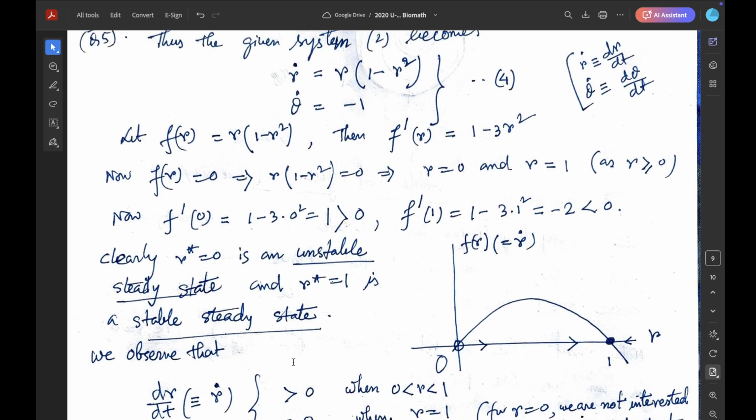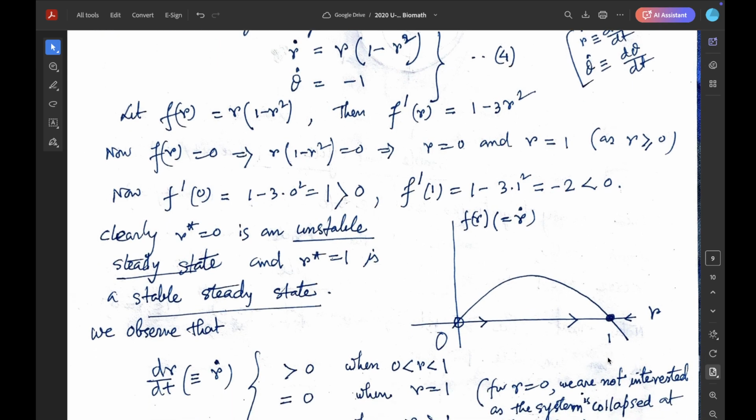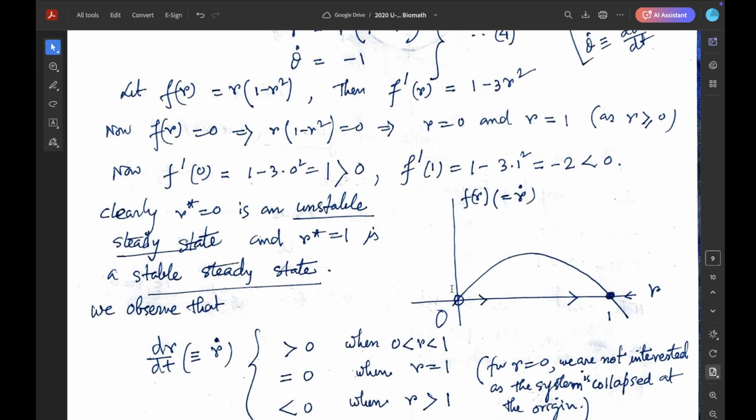If we draw this r axis and the corresponding r dot, and then draw the curve r into bracket 1 minus r square, with the points r star equal to 0 and r star equal to 1, then r equal to 0 is unstable and r equal to 1 is stable.